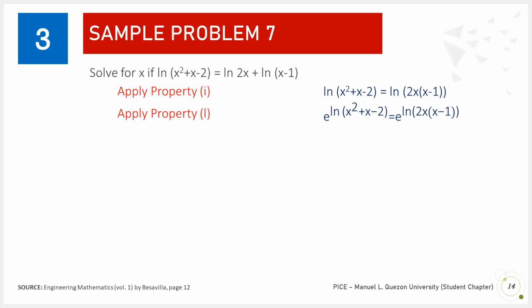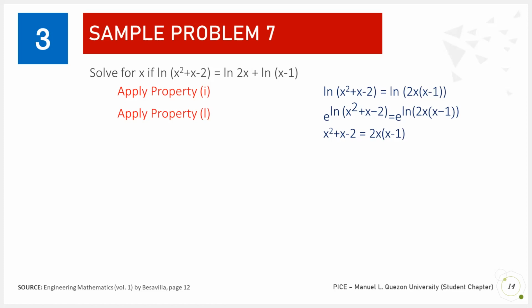So ganito yung ginawa natin para mawala yung natural logarithm dito sa ating equation. So ganyan yung mangyayari kapag ang base natin is Euler's constant or Euler's number, and yung exponent natin is logarithmic expression or natural logarithm.